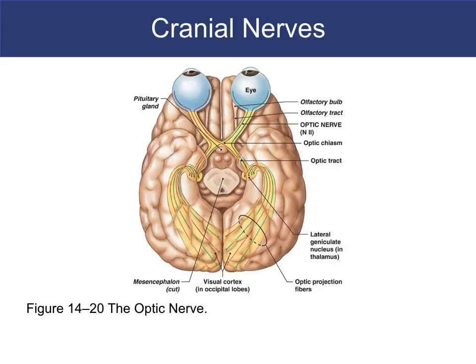Now, answer me this question. If you're going to be seeing something out here to the side, and you're going to want both eyes to look at it the same, would it make sense if this part of the vision comes on back here to the brain, and this part goes with it? So that the stuff that you're seeing out that way through this eye, the stuff you're seeing out there through this eye, goes to the same side of the brain to be processed together, put the view together.